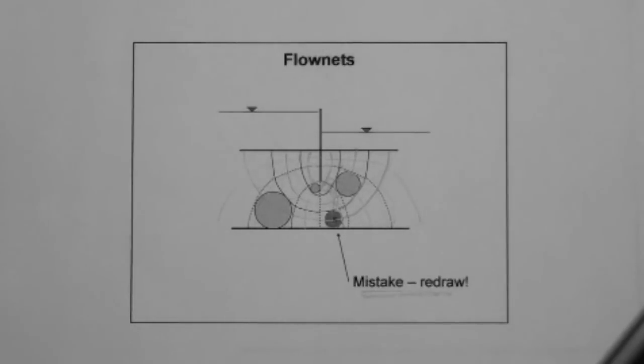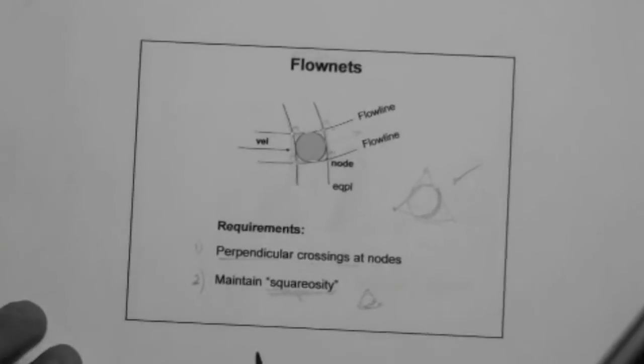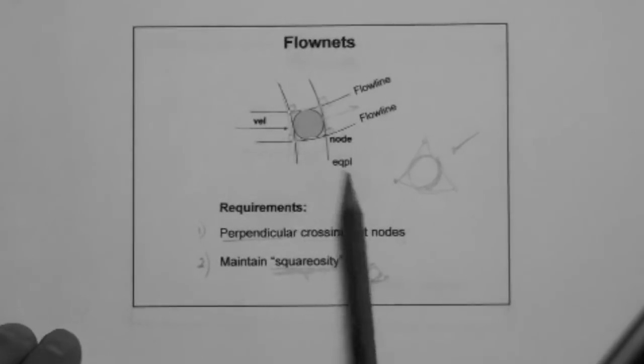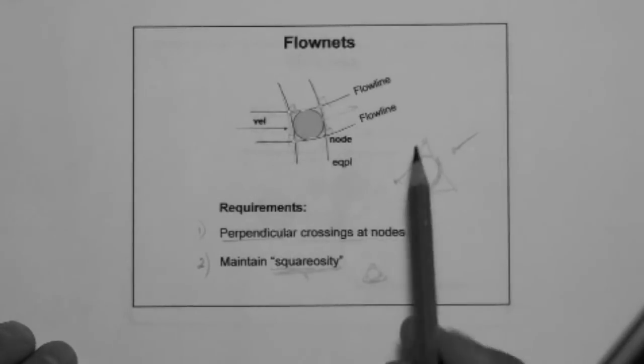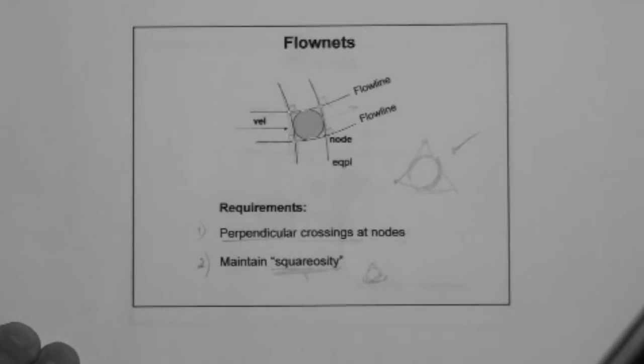Okay? And the nice thing about this is that the problem there is solved by keeping squarosity. If you maintain squarosity, which is this, being able to fit the circle in there, then your ratio of flow lines to equipotential lines will be an appropriate one.